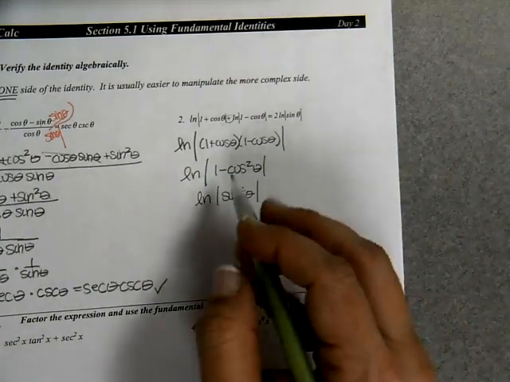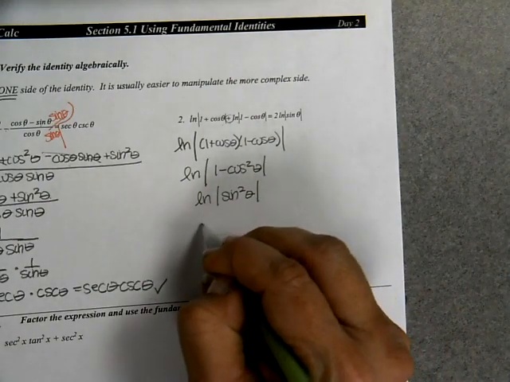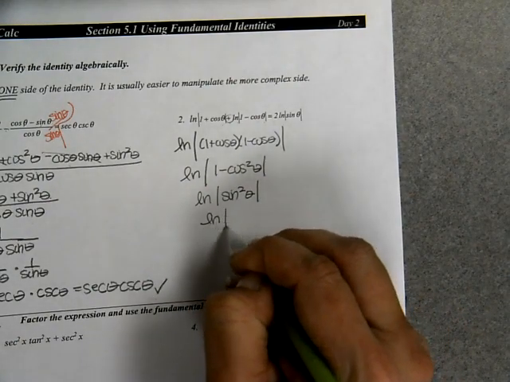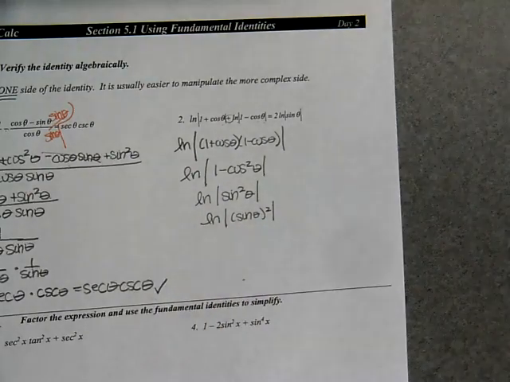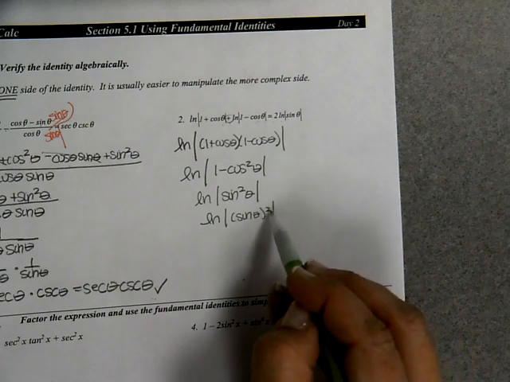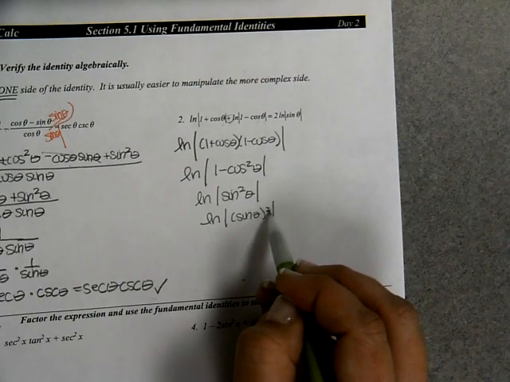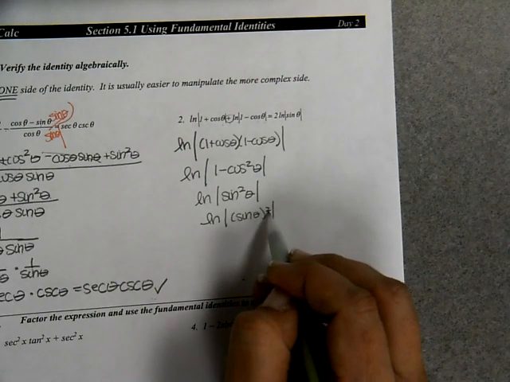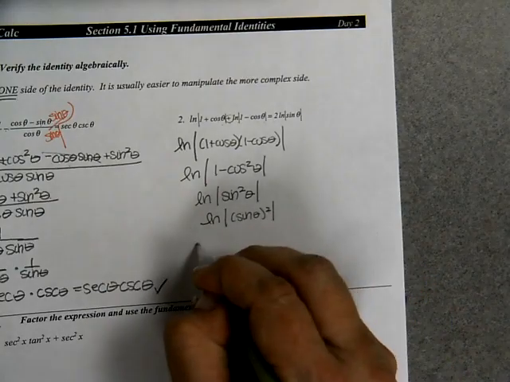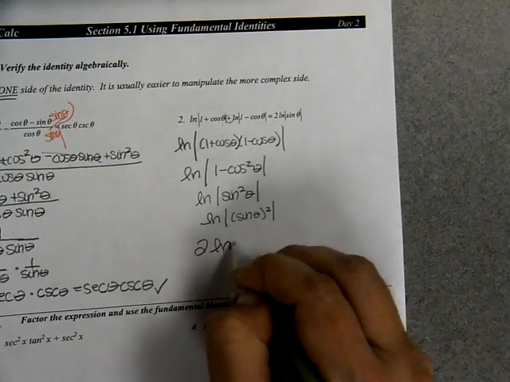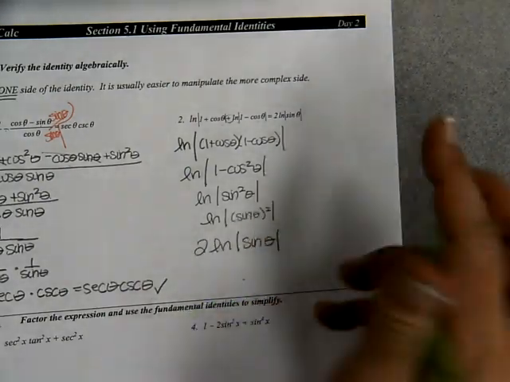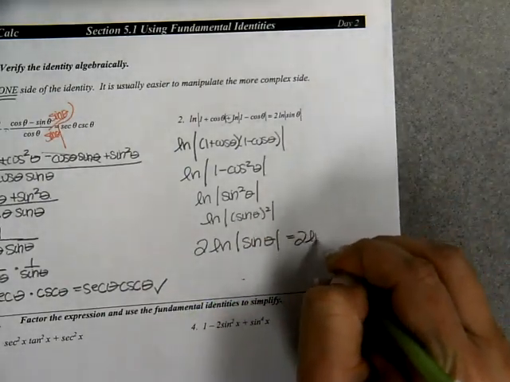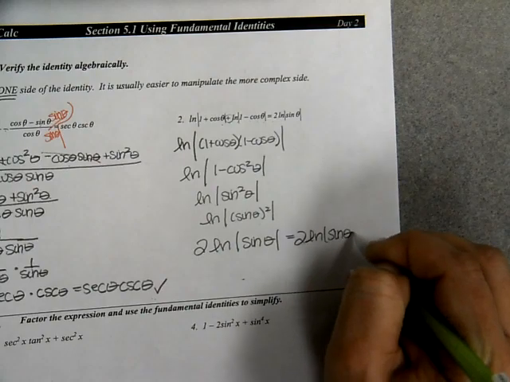And remember that sine squared theta is really like sine of theta, squared. And the properties of logs say that in the argument, if we're squaring something, or if we have an exponent, we can bring that out front. And look, we have what we wanted. We have 2 times the natural log of sine theta.